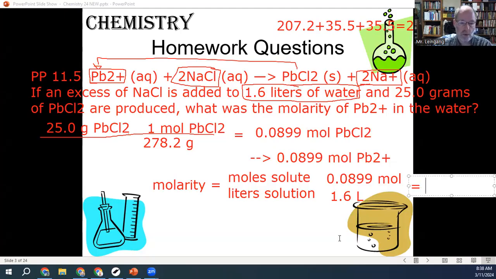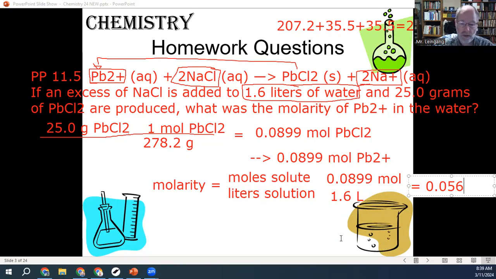Get your calculator out, 0.0899 divided by 1.6, and you end up with 0.0562656146.